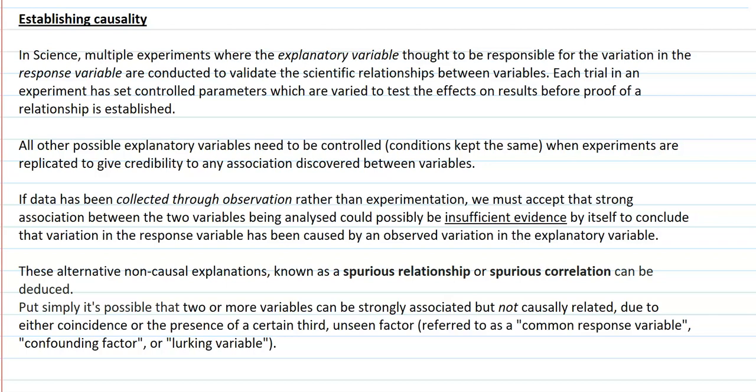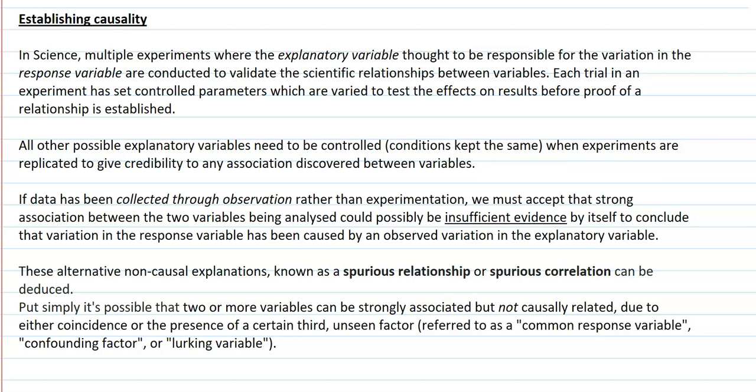Therefore, they can validate what they're seeing when changing the explanatory variable has a direct effect on the response variable. Each trial in their experiment always has a set of controlled parameters which are varied to test the effect on the results before proof of a relationship is established.